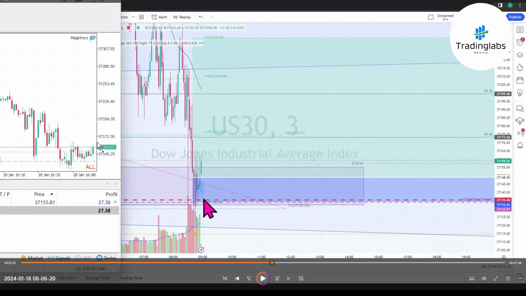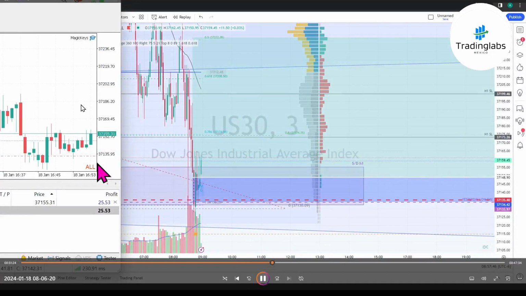That's why I was believing in this long. And also this long made a higher one-minute low. This low is higher than this one, right?